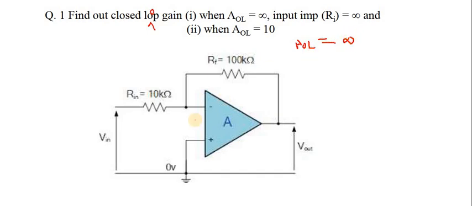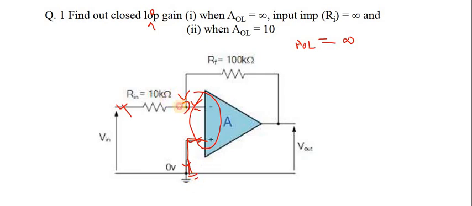If your op-amp is ideal, the two input terminal voltages will be equal. See, the op-amp input terminal voltages are equal, whatever is going into the op-amp. I can write here some terminal V, and the non-inverting terminal is connected to ground.